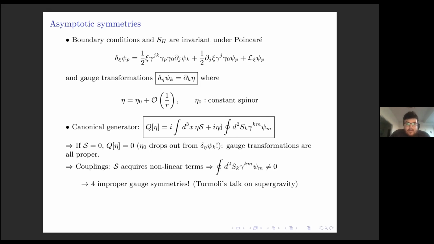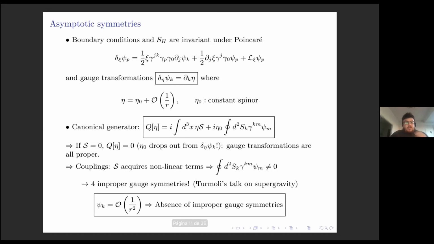And the fermionic symmetries are parameterized by eta 0, which has 4 independent symmetries, which are the 4 improper gauge symmetries, as already shown by Henneaux and Teitelboim. So in summary, what do we have? For the standard asymptotic conditions, we have an absence of improper gauge symmetry in the case of the free theory.